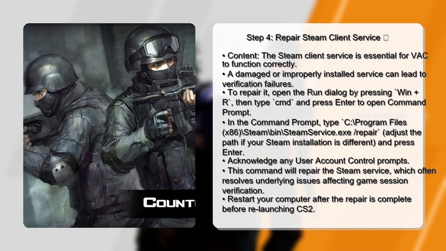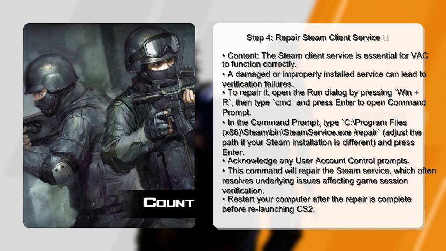Step four: repair Steam client service. The Steam client service is essential for VAC to function correctly. A damaged or improperly installed service can lead to verification failures. To repair it, open the Run dialog by pressing Windows key plus R, then type cmd and press Enter to open command prompt.